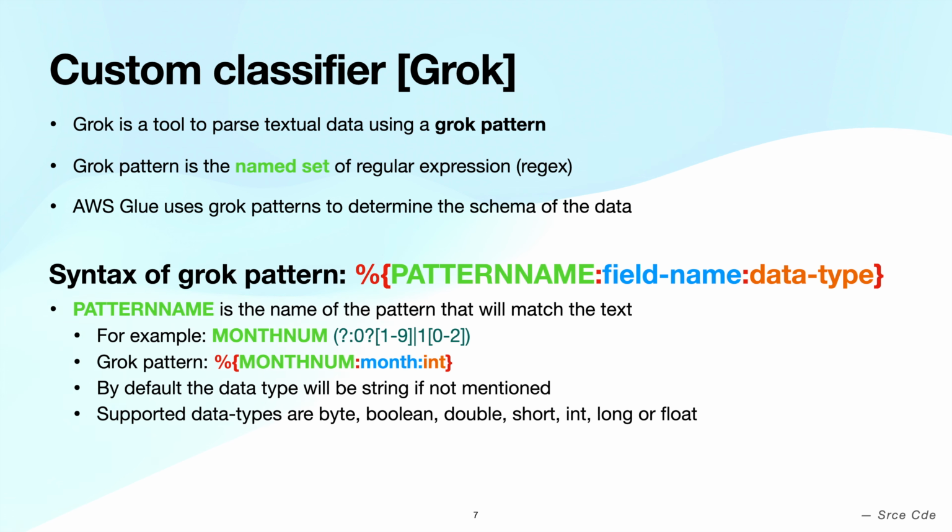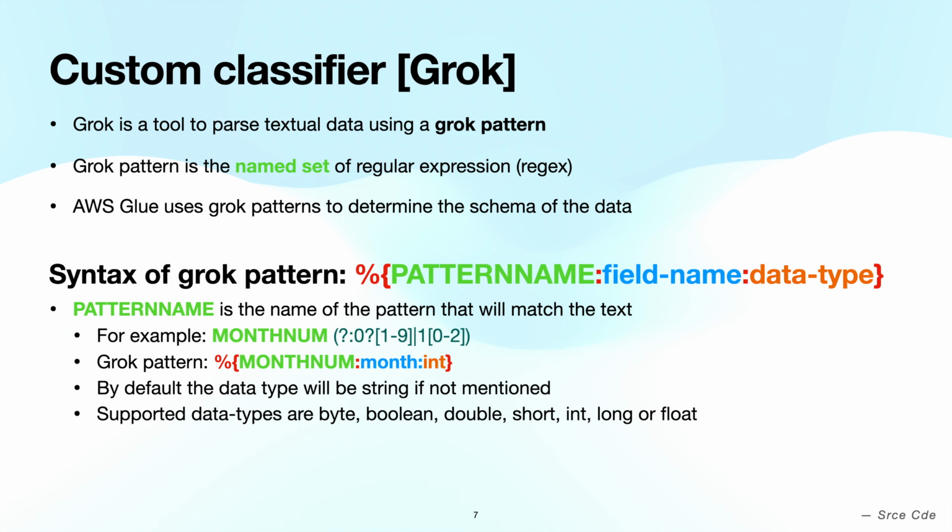Now once you define the pattern, you can use it to define the Grok pattern using the defined syntax, which will be percentage, curly braces, and within the curly braces the reference to the defined pattern name followed by the alias name. The pattern name here is month num, and the alias name can be anything. Optionally, if you want to cast it to integer, then you can define the data type.